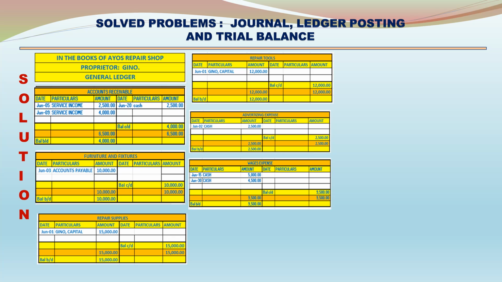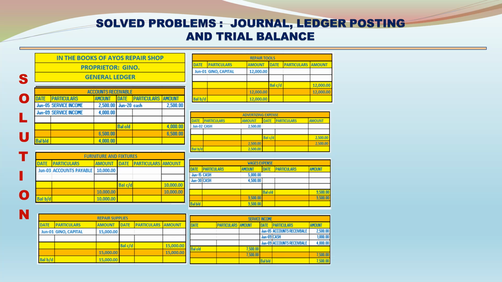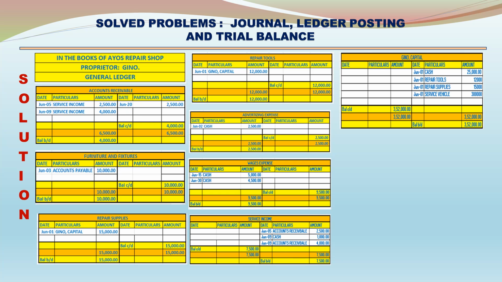Wages Expense account: June 15 Cash 5,000, June 30 Cash 4,500, total 9,500. Balance brought down, debit. Service Income, on the credit side: June 5 Accounts Receivable 2,500, June 9 Cash 1,000, June 9 Accounts Receivable 4,000, total 7,500. Balance brought down 7,500 credit. Gino's Capital, on the credit side: June 1 Cash 25,000, Repair Tools 12,000, Repair Supplies 15,000, Service Vehicle 300,000, total 352,000.